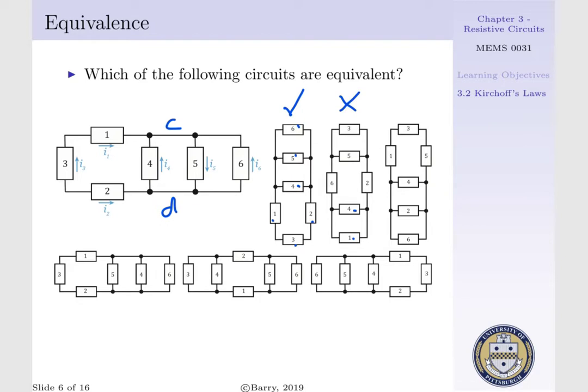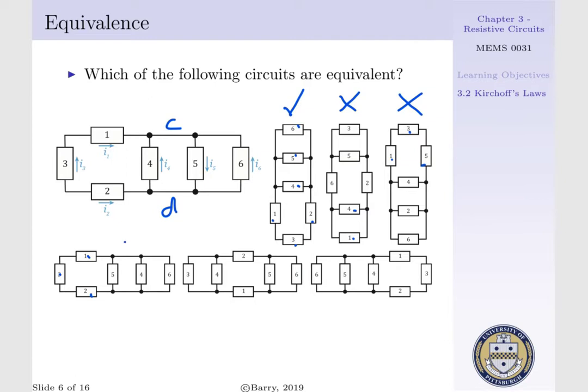Now let's look at the circuit on the right top. We have elements 1, 3, and 5 connected within a series fashion, which does not represent our original circuit. Thus, these circuits are not equivalent. Moving to the bottom left, we have elements 1, 3, and 2 connected in a series fashion that are connected to elements 4, 5, and 6 within a parallel fashion.